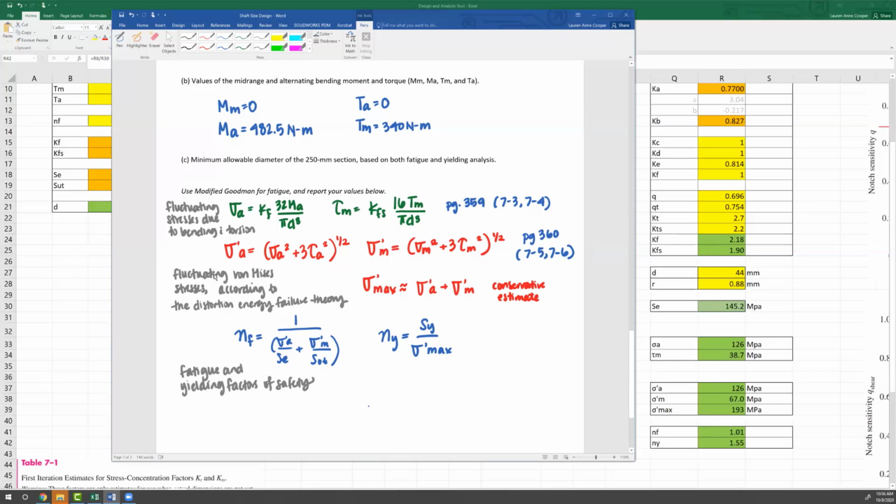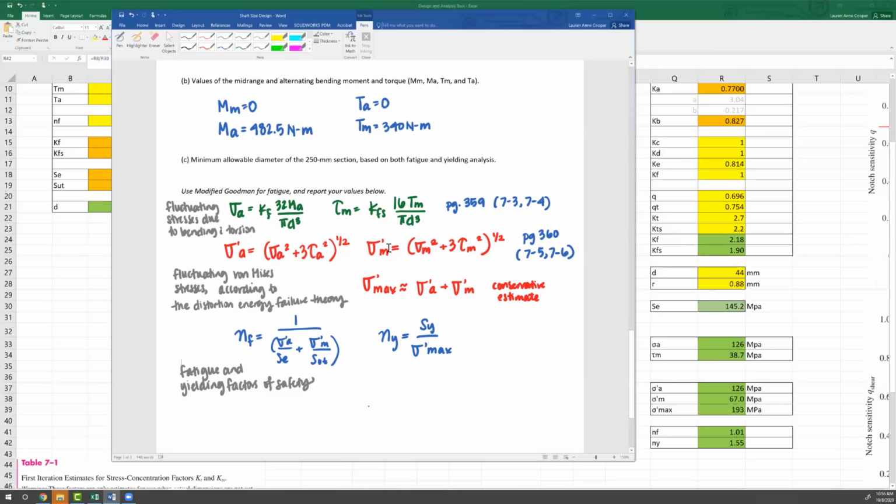And then the fluctuating von Mises stresses, according to the distortion energy failure theory, which we learned in ME 328. Sigma prime, the prime always designates the von Mises. I won't read it to you, but it is a combination of sigma A and tau A, and our tau A is 0 in this case.